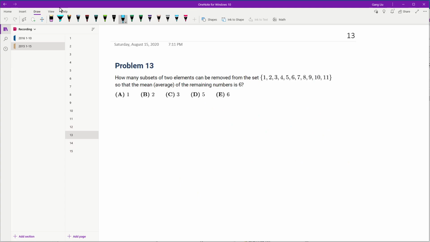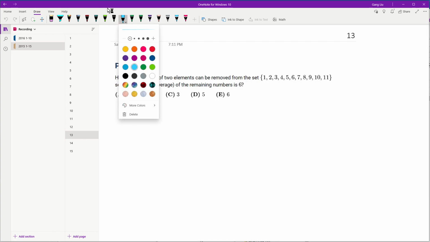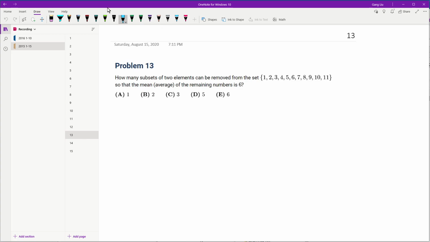Problem 13. How many subsets of 2 elements can be removed from the set 1, 2, 3, 4, 5, 6, 7, 8, 9, 10, 11, so that the mean average of the remaining numbers is 6? So 6 is the average, 6 is also the median.